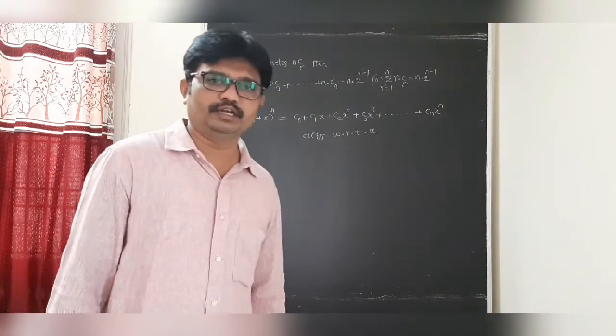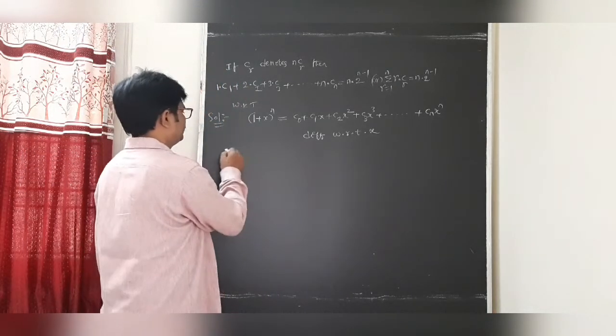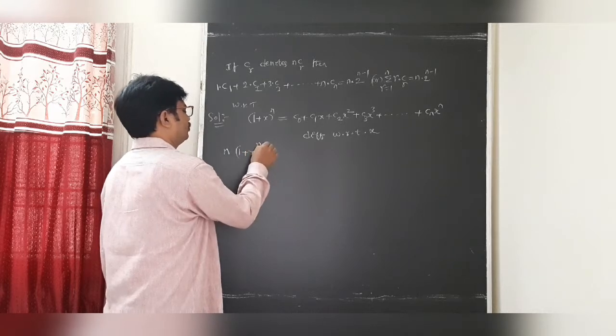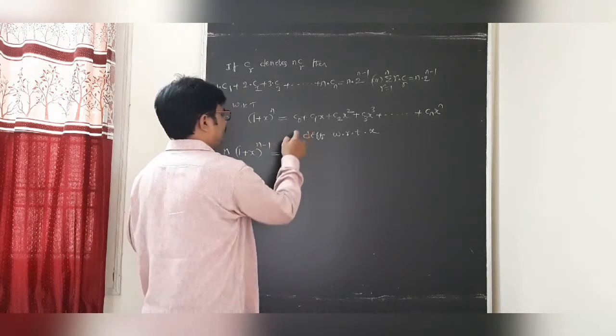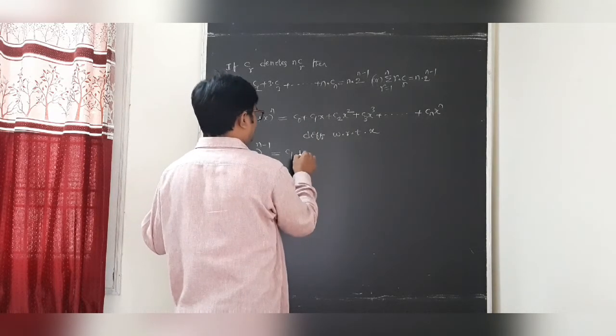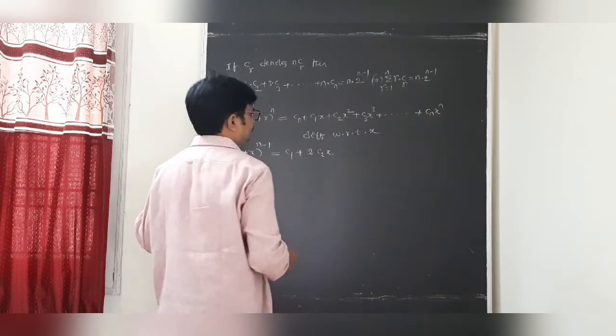Dear students, when we are differentiating with respect to x on both sides, this is n into 1 plus x whole power n minus 1. The derivative of constant is 0. This is C1. Now the derivative of x square is 2x, so this is 2x.